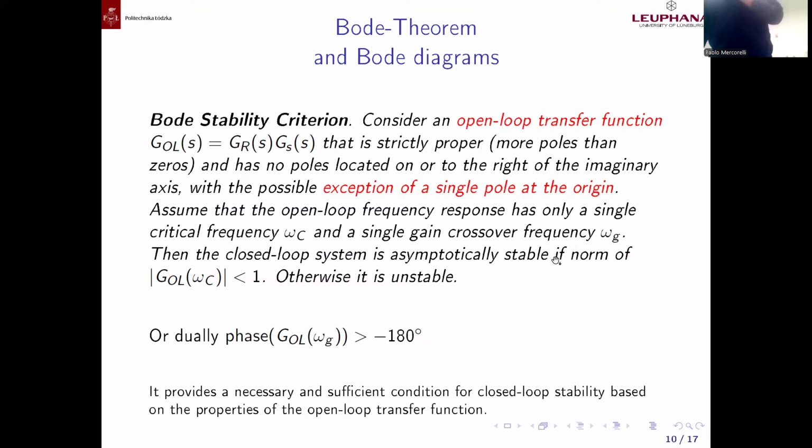It's not an if and only if, I made a mistake. If the norm of G_OL is less than 1, or dually, we can consider that the phase at the crossover frequency is minus 180.